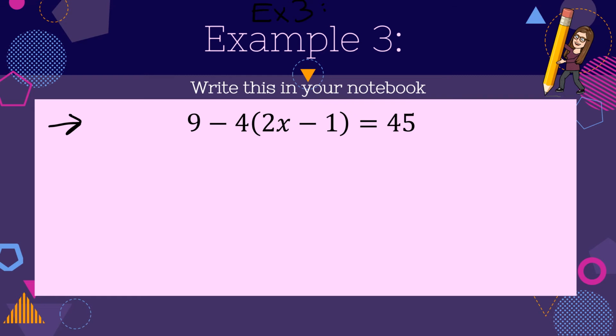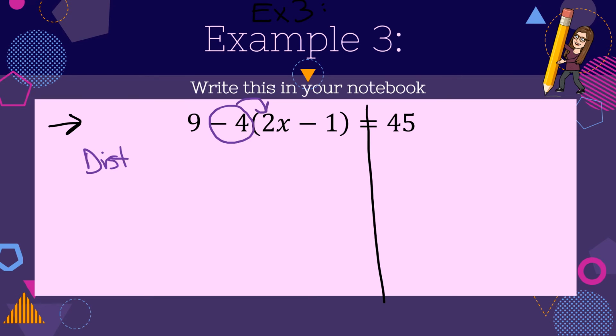All right, so our first step is I'm going to draw a line down the equal sign. Step 1 says to distribute. Be very, very careful here. This is why I made this extra example. We're distributing a -4.